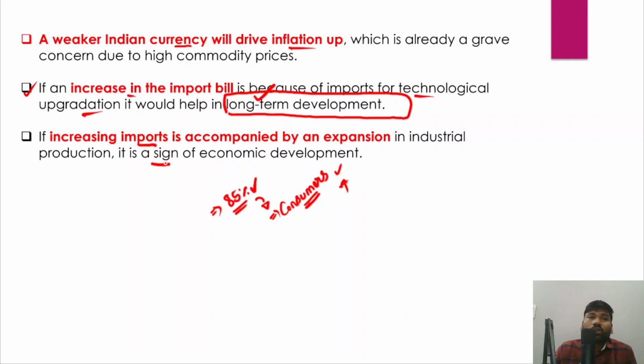So along with importing, if we are focused on expanding our domestic industries, because domestic industries would give a push to more production and gainful employment opportunities, we could export more, and our exports would become more and more competitive. And apart from that, we could also earn crucial forex reserves.